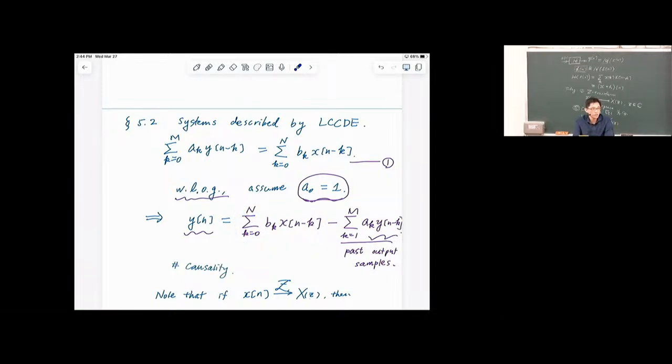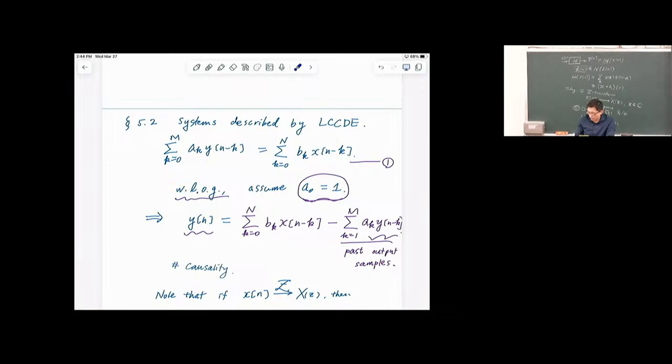We don't look into the future. There's no need to look into the future. That's my point. And subtracted by a summation here, we only look at the linear combination of samples in the past that we already computed.